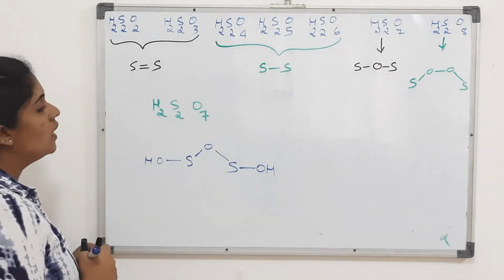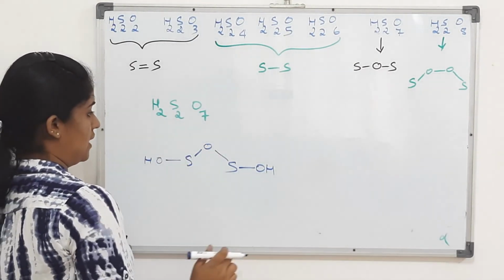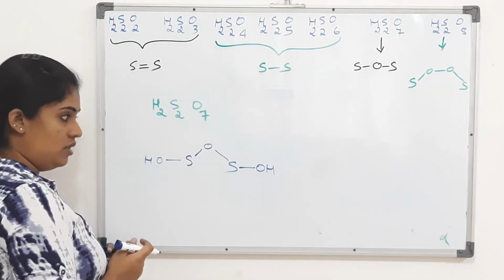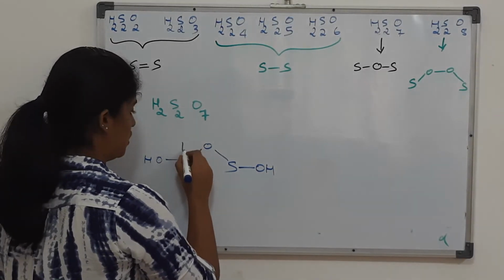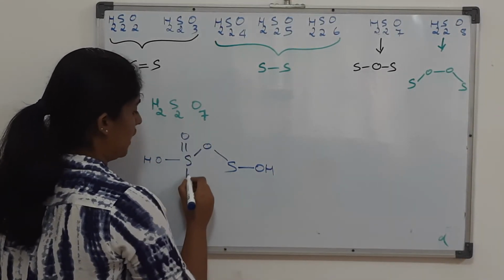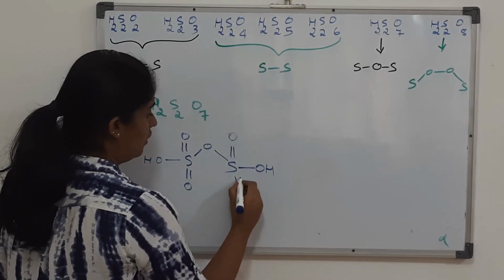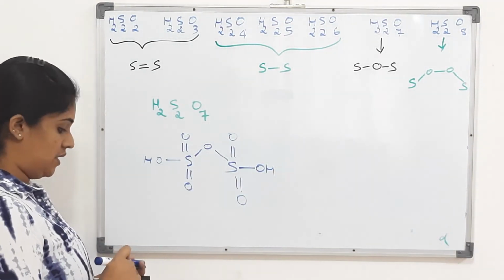Right. What else is there remaining? 2 hydrogens are done, 2 sulfurs are done, 1, 2, 3. 3 out of 7 oxygens are done. So we have 4 more. So 1 oxygen, 2nd oxygen, 3rd oxygen and 4th oxygen. So all the 7 oxygens are also satisfied.